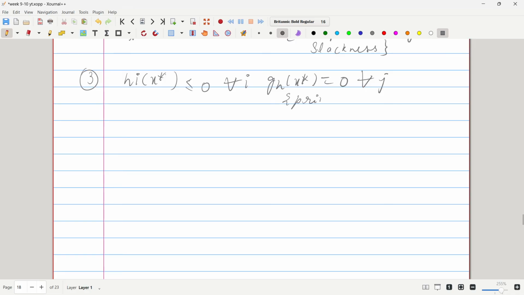This is primal feasibility. Then in the end, ui is greater than or equal to 0. This is dual feasibility.